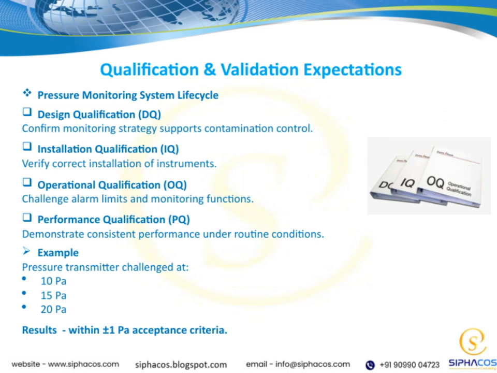Next, operational qualification, testing alarm limits and monitoring functions under challenge conditions. Finally, performance qualification, showing the system performs consistently during routine use. For example, a pressure transmitter was challenged at 10, 15, and 20 pascals, and the results stayed within a tight plus or minus 1 pascal acceptance range.